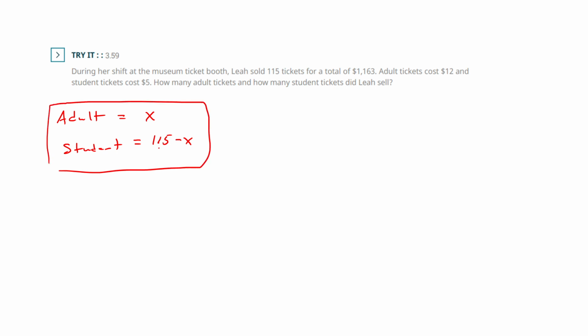Doesn't that have to be the remainder amount of tickets sold? If adults is X and there were 115 sold, the remainder, those that are left over, has to be the kids. Okay, so it's 12 times X for adults, 5 times 115 minus X for kids. Remember parentheses, and then the total amount sold.